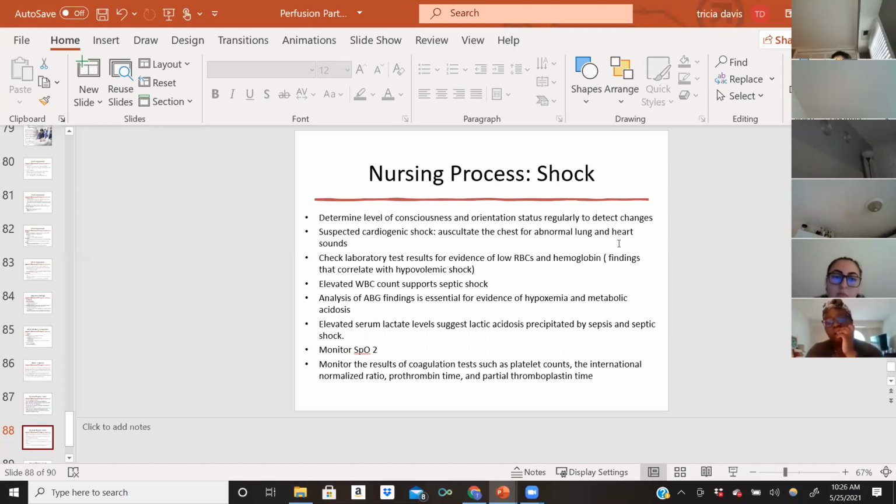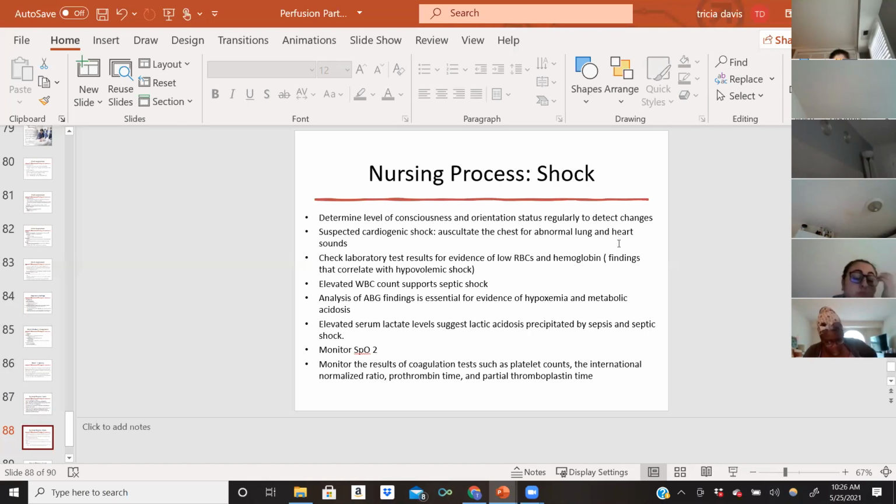We're going to obtain those ABGs, determine those findings, look for evidence of hypoxemia and metabolic acidosis. We're going to look at those serum lactate levels, which could suggest lactic acidosis, which could be precipitated by sepsis and septic shock. We're going to be monitoring their oxygen levels, and then we want to monitor those coagulation tests.